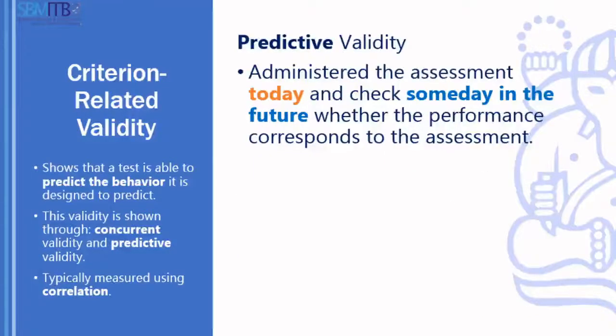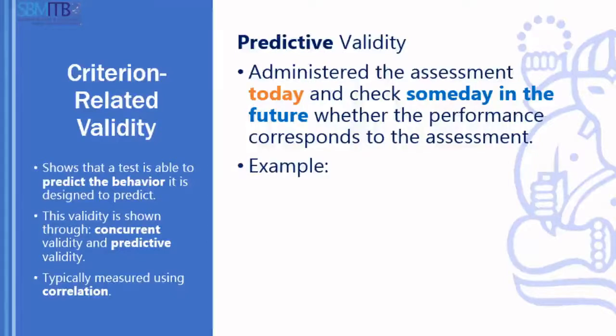Another type of criterion validity is predictive validity. It administers the assessment today and checks someday in the future whether the performance corresponds to the assessment. Let's use an example that all of the SPM students have been assessed by such a kind of measurement that confirms the predictive validity.